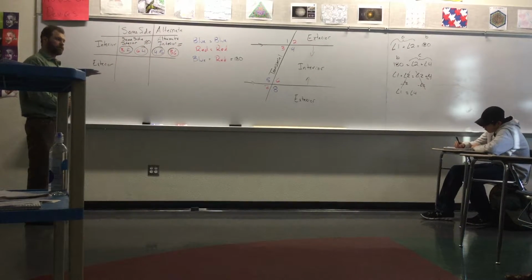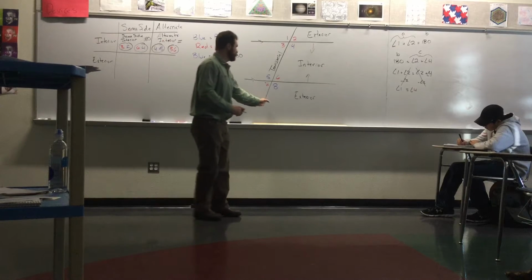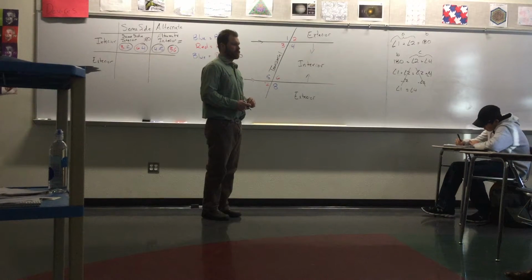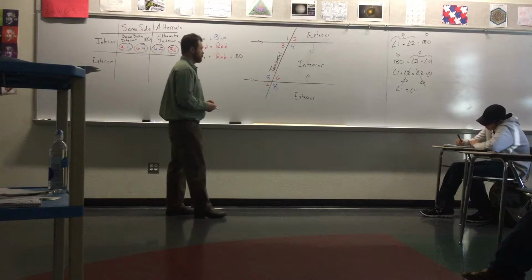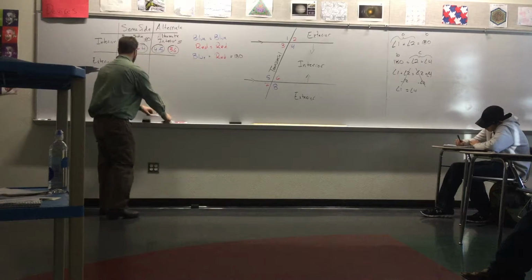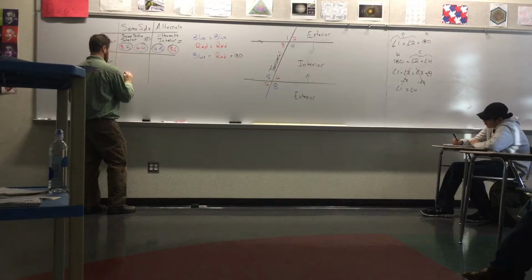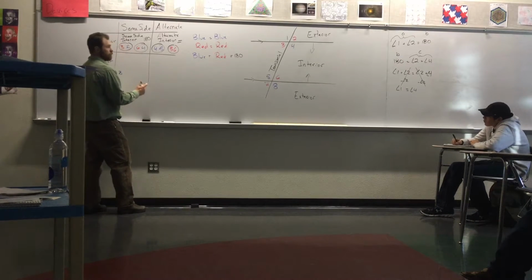Okay. So, exterior angles. Two on the same side of the transversal, but exterior. What do you think? 2 and 8. And what's the other one? 1 and 7.